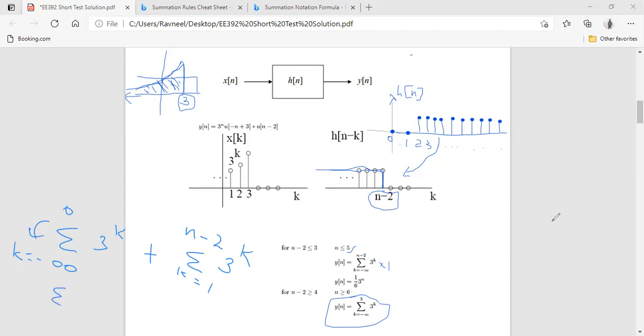That would result in summation from 0 till infinity of 1/3 to the k, isn't it? If we rotate, sorry, switch the limits, we'll be ending up with this, right? And we're left with plus summation from k equal to 1 till k equal to n minus 2. So we have two properties here.